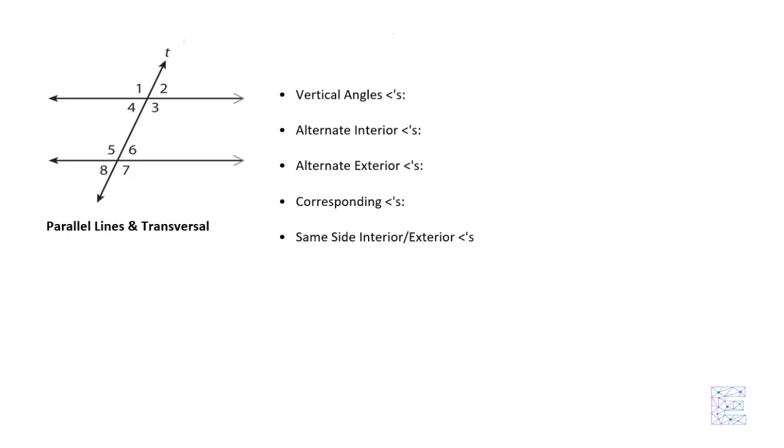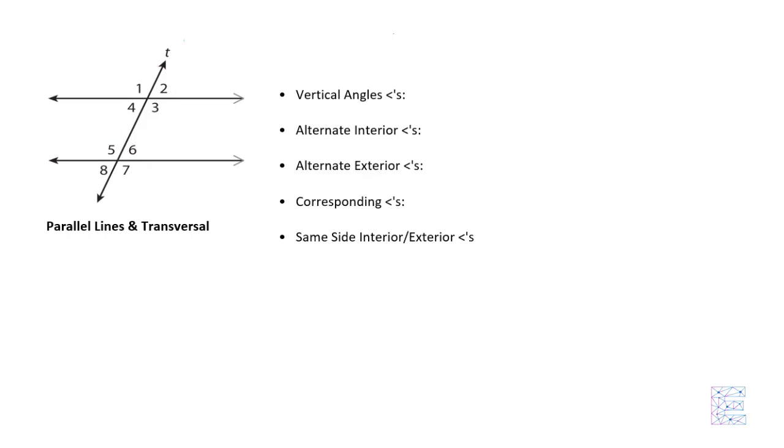The reason why that's important is when parallel lines and transversals intersect, we have angles that pop up. In this case, we have 8 different angles that result from those lines intersecting. And those angles are related. There are congruent relationships between these angles. Let's go ahead and explore those.